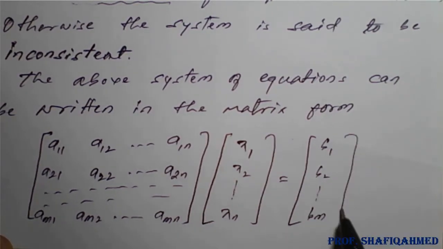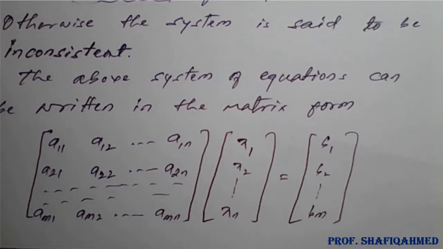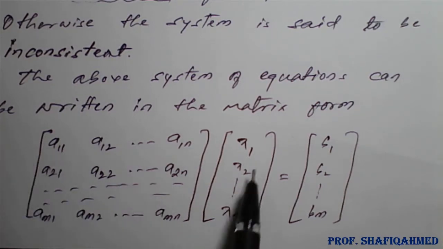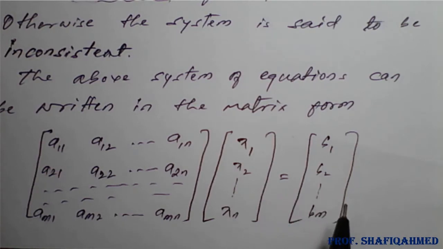So this is of the form matrix A times the variable matrix equals the constant matrix.